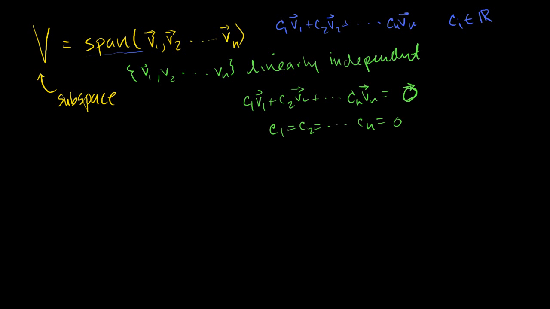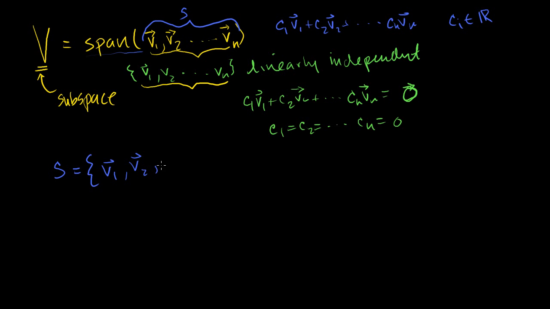Now, if both of these conditions are true, that the span of this set of vectors is equal to this subspace, or spans this subspace, and that all of these vectors are linearly independent, then we can call this set of vectors S, where S is equal to v1, v2, all the way to vn.